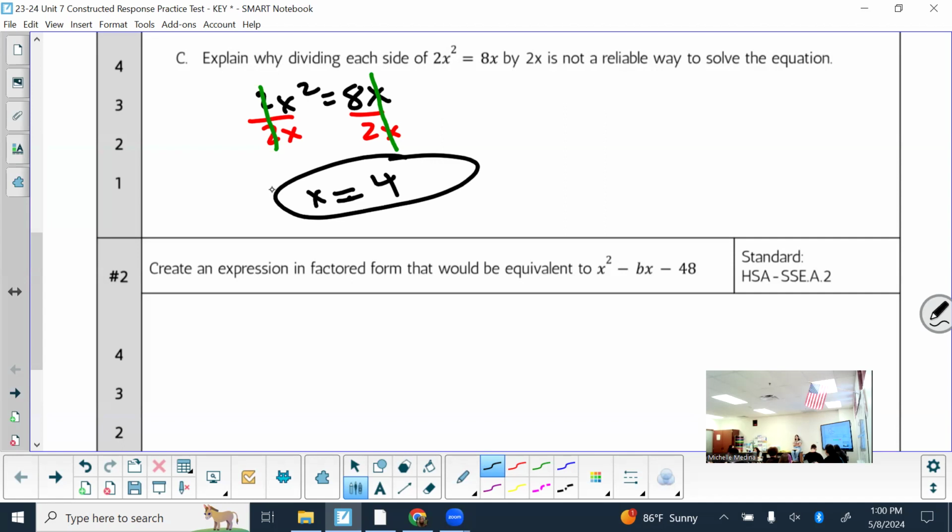So, back to this. Why is this not reliable? Those of you that did actually do it and didn't just copy off of someone else, I had people that had answers to it when they showed it to me. So why is this not a reliable way to solve the equation?